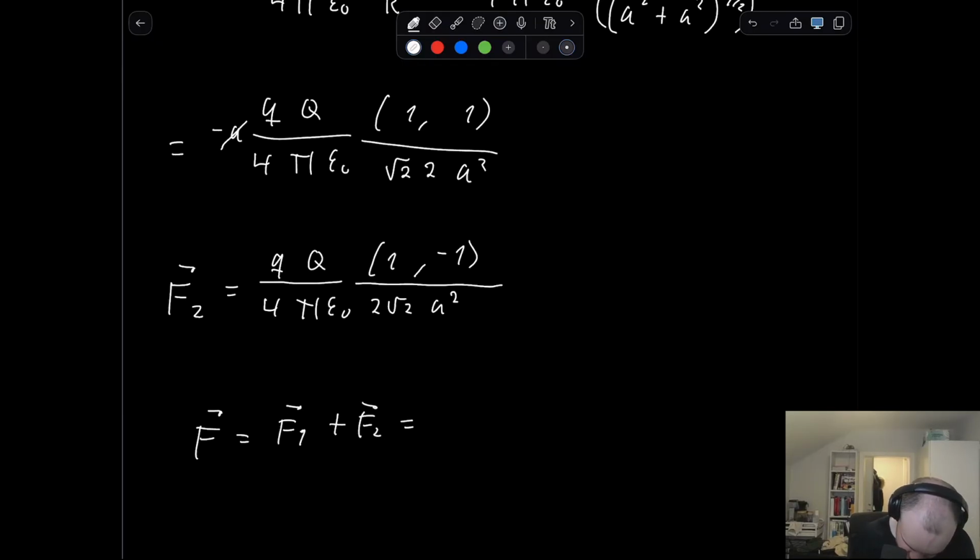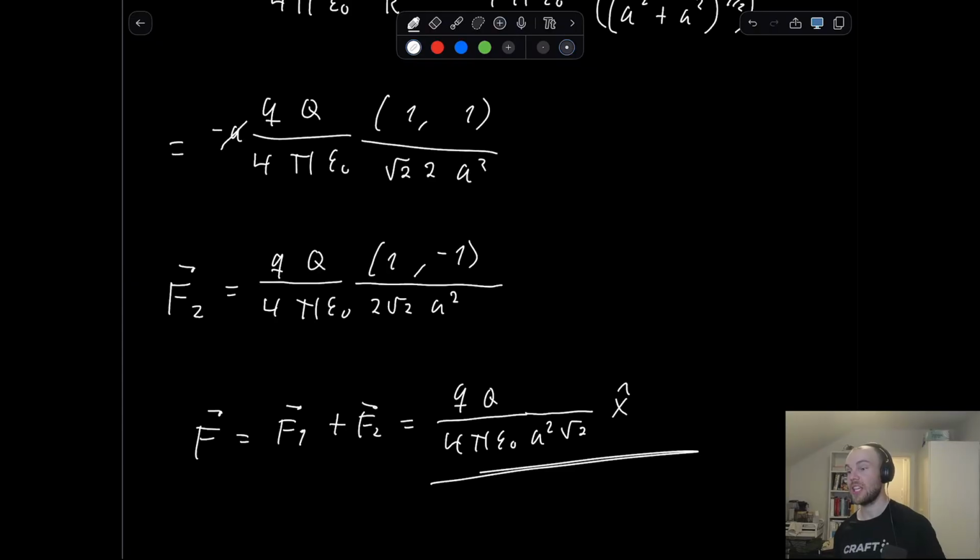As you can see, 2 goes away, so I just get Q over 4 pi epsilon 0. Then I have a squared times the square root of 2, and then in the x hat direction. That should be correct. I'm pretty certain of it. Okay, very good.